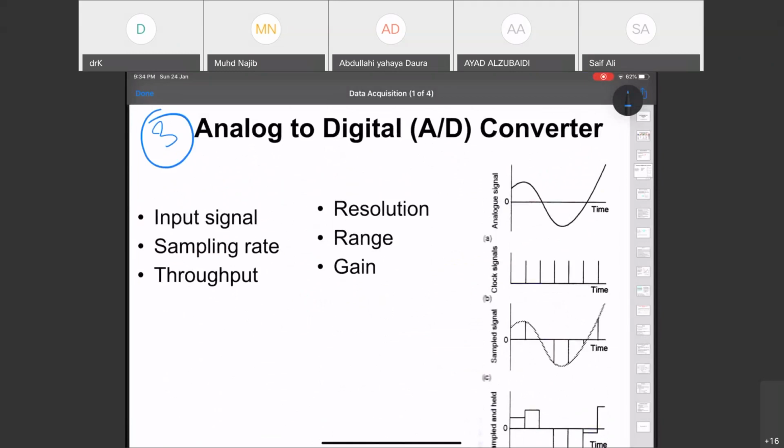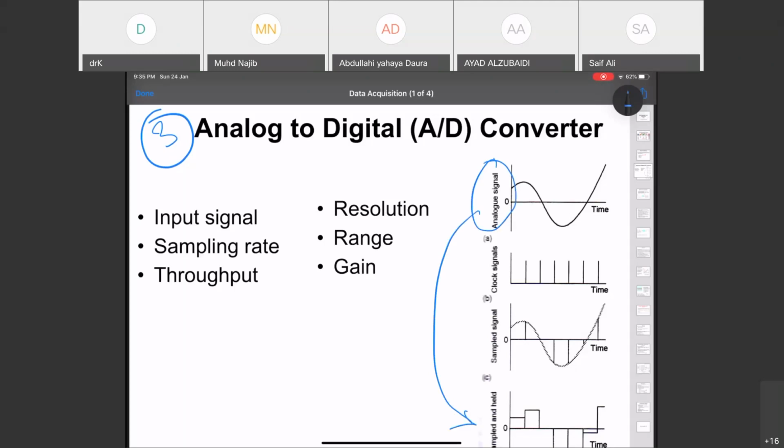For any kind of A to D, you are receiving analog and you have to produce some kind of digital signal. That's the job of A to D.